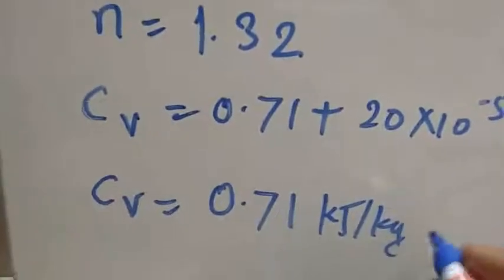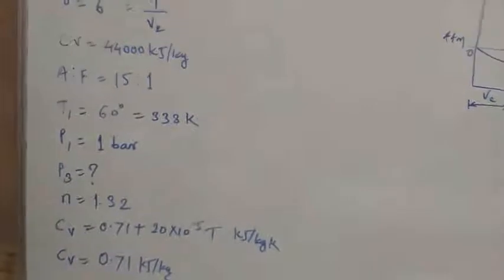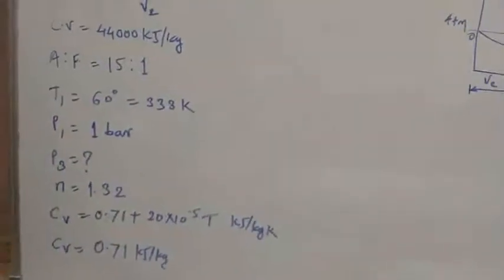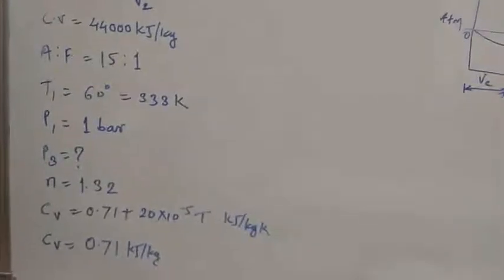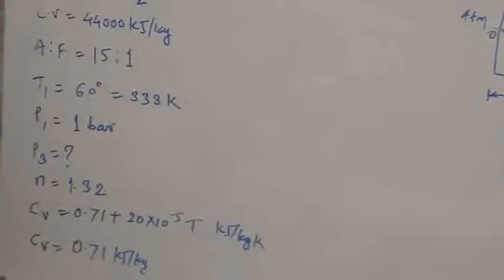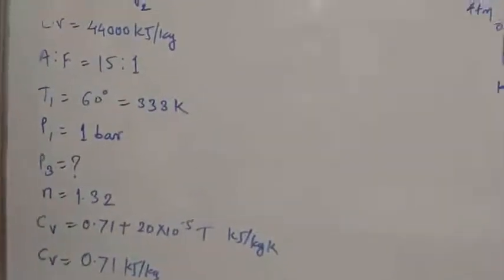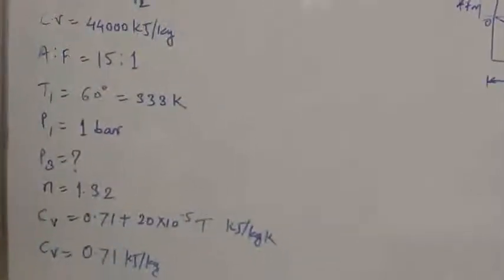Basically, we need to calculate the maximum pressure, P3, first for the specific heat varying with temperature T, and then at a constant specific heat of 0.71 kilojoule per kg Kelvin. So this is the entire problem. Now we'll see how to go for the solution of this particular problem.